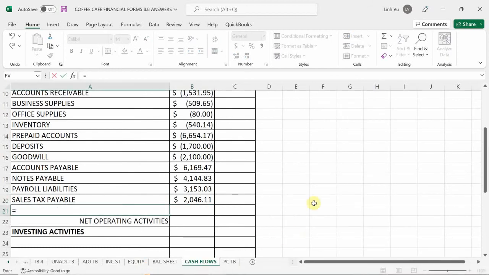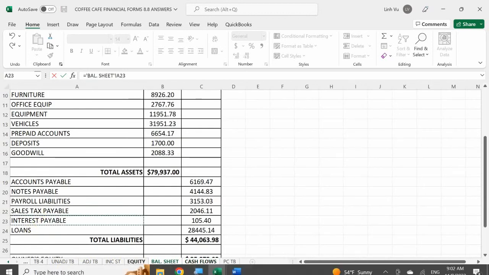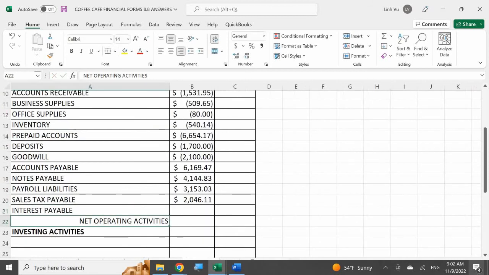And last but not least, interest payable. That's my last current liability, because loans is a long-term liability, so it's not included here. So my last one is interest payable. Did I pay my bank lenders interest yet?